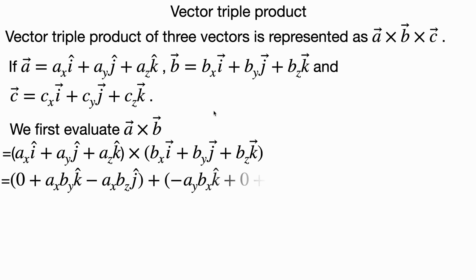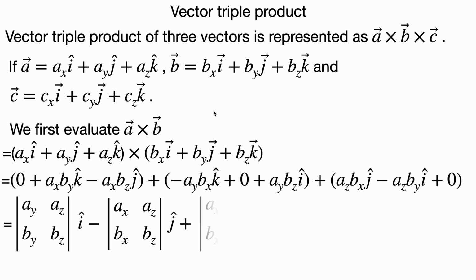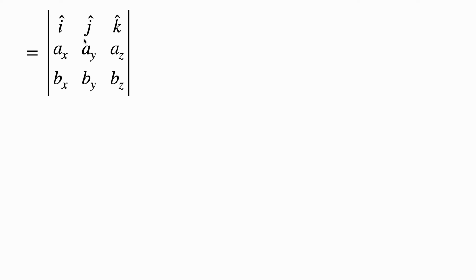So the cross product of vector a and vector b can be obtained in a 3 by 3 determinant form, whose first row is i cap j cap k cap, second row is ax ay az, third row is bx by bz.